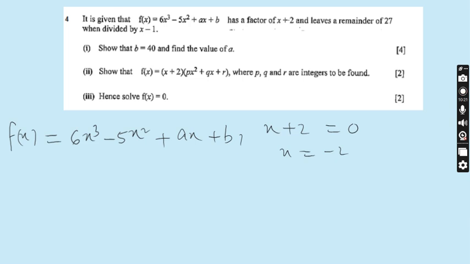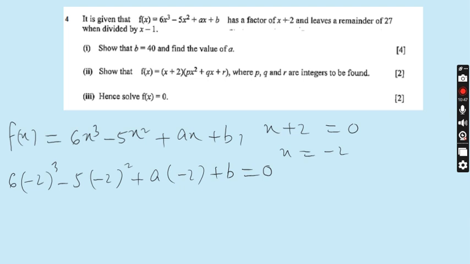So put minus 2 where you see x: 6 into (minus 2) cube minus 5 into (minus 2) square plus a into (minus 2) plus b. This should be equal to 0, because whenever you see the word factor, it means it is completely divisible, or you can say the remainder is 0.